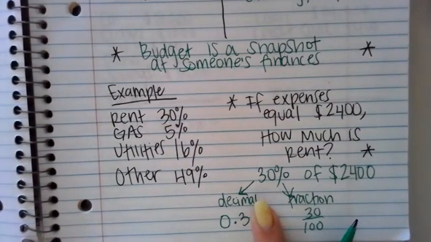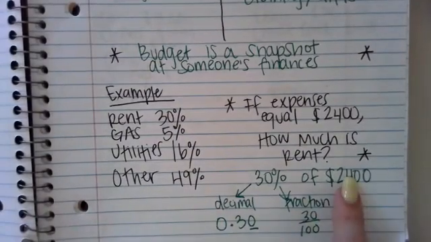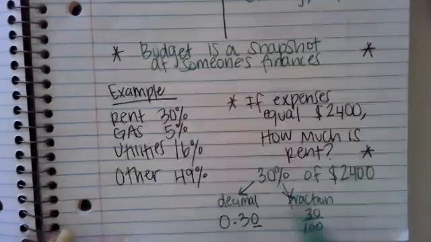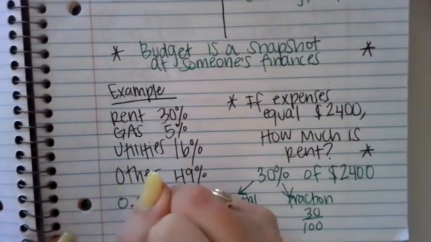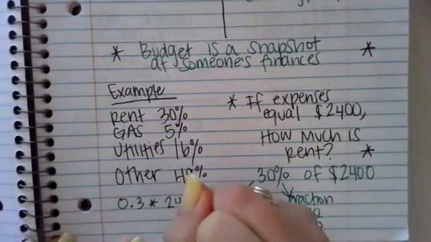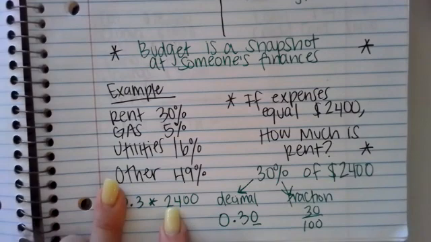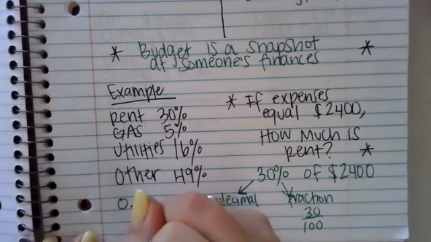So now what I'm going to do is I'm going to take either the fraction or the decimal and multiply it times 2,400. I'm going to just do the decimal because I think multiplying with the decimal is easier than a fraction. So if I do that math over here, 0.3 times 2,400, we can think about what is 3 times 24, which is 72.